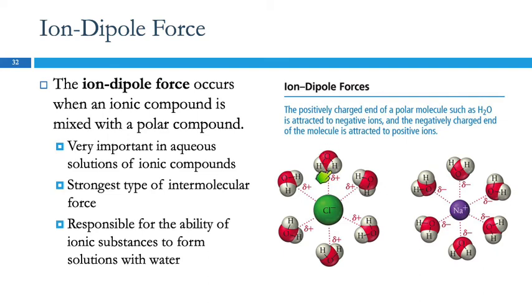The positive ends are going to be attracted to the negative ion. The negative ends are attracted to the positive ions, right? And so why would sodium and chloride want to separate when they have this ionic bond with each other? Well, it needs to be replaced with something else that's better.